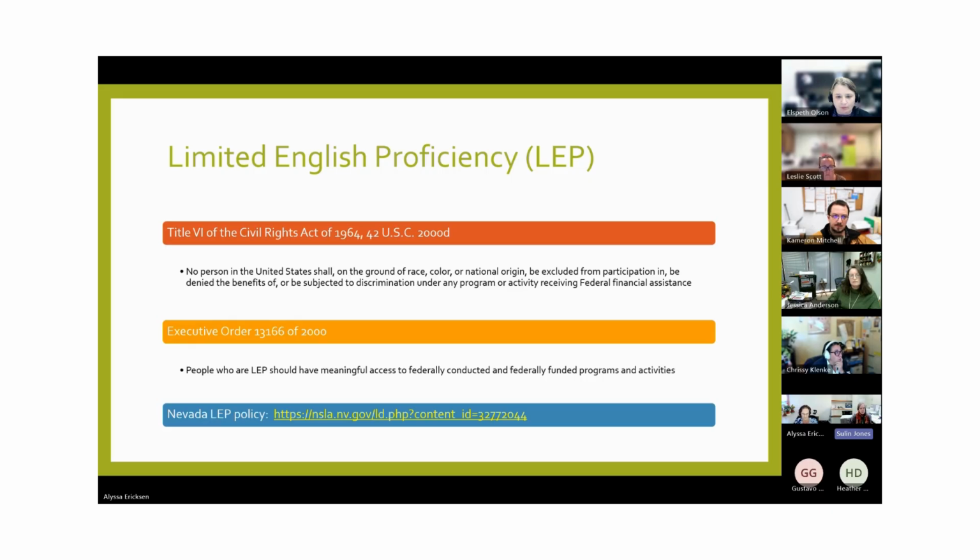You are going to be the ones that know what that looks like, right? But if someone who speaks Chinese, Mandarin, moves to your area, and their English proficiency is limited and they want to come and engage with your programs, you've got to make your best efforts to help them participate.